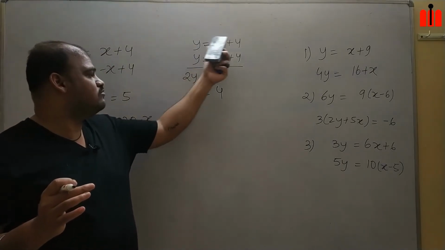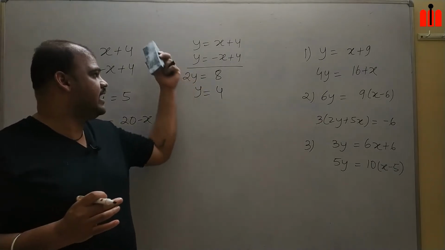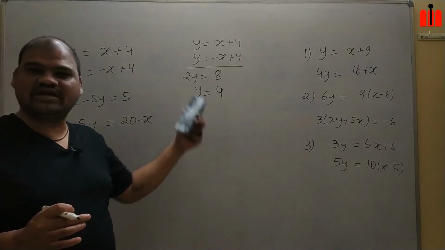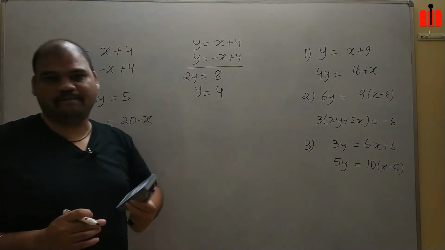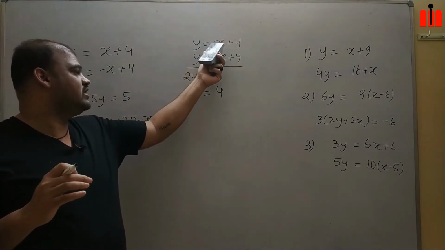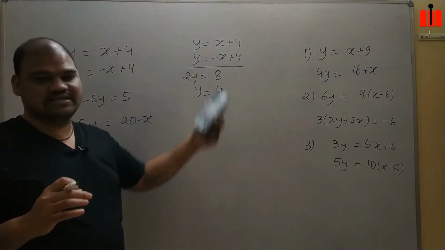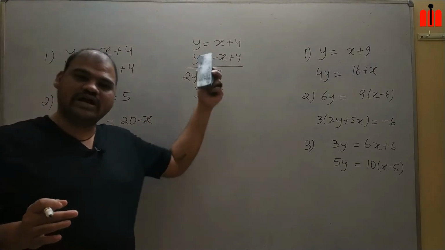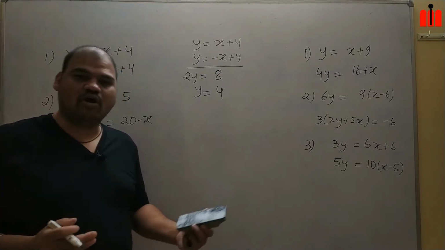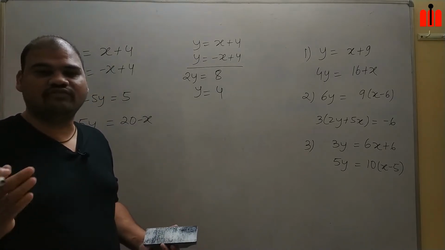So you multiply the first equation entirely with 3 and the second equation entirely with 2. After multiplication you get the coefficient as 6 in both. Then you subtract them. That is how you can equate the coefficients of the variable.